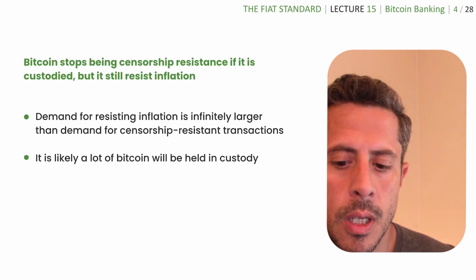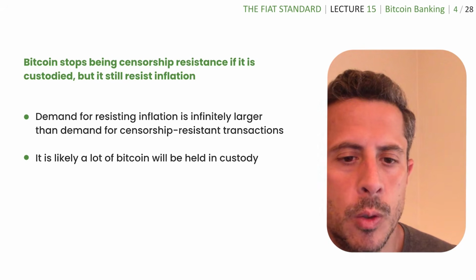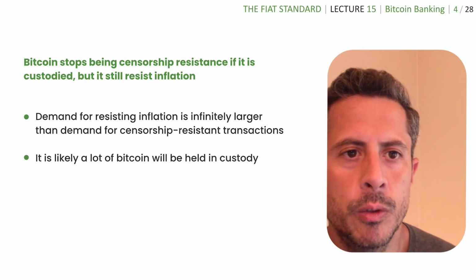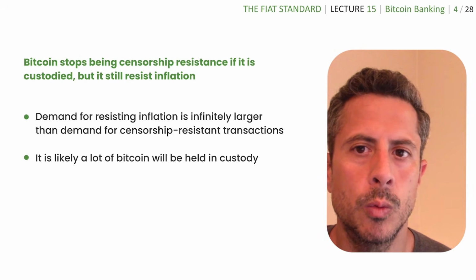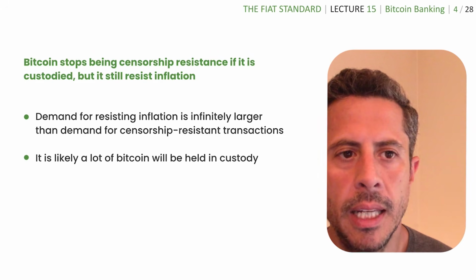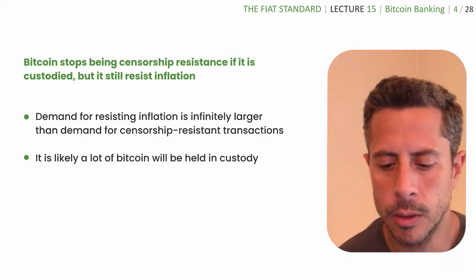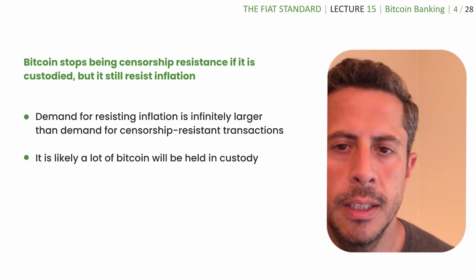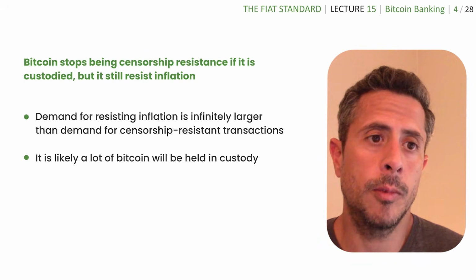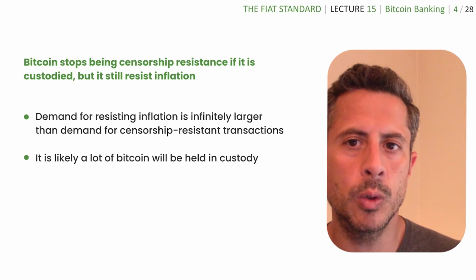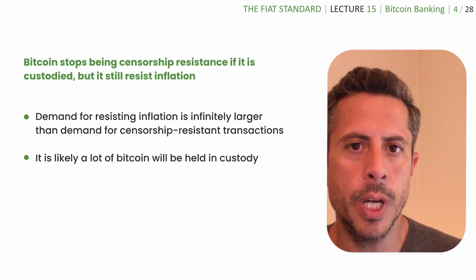In other words, as long as governments control money, the vast majority of transactions people want to do will likely remain for legal things. They want to buy food and regular consumption goods and trade. And only a small number of people want to do transactions that the government objects to.